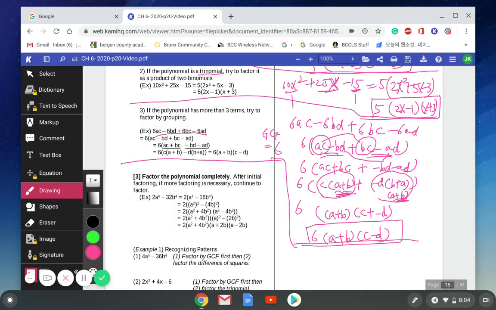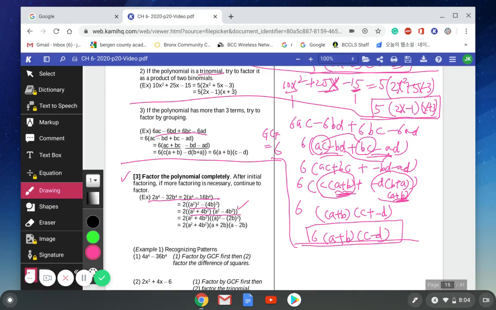Also, another thing you have to watch out for is that when you factor, you factor until there are no more common factors. So when you take a 2 out, you can make a special polynomial. You end up with 2 times a squared plus 4b squared with a squared minus 4b squared.